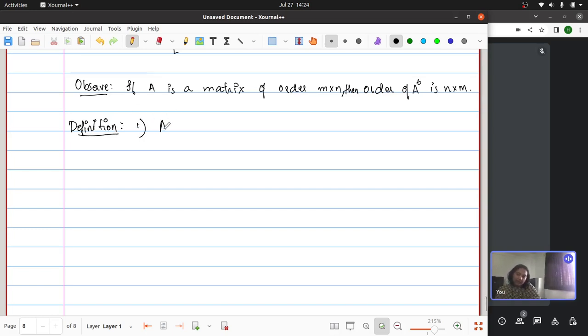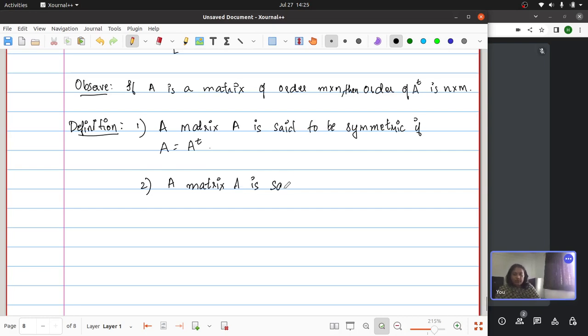So, one is a matrix A is said to be symmetric if A equal to A transpose, and second one, a matrix A is said to be skew symmetric if A is equal to the negative of A transpose.